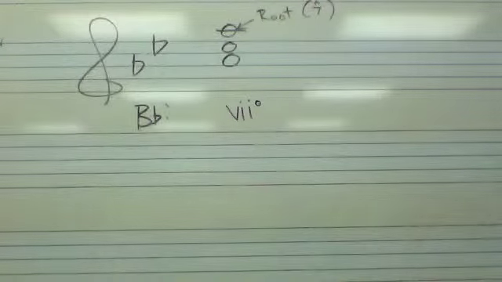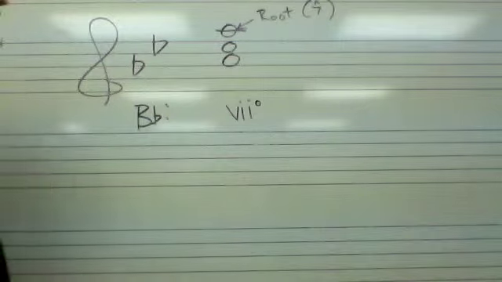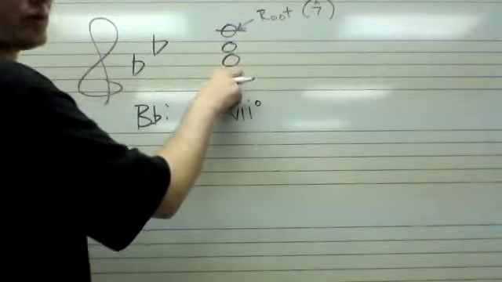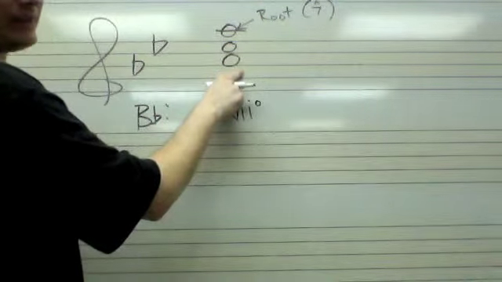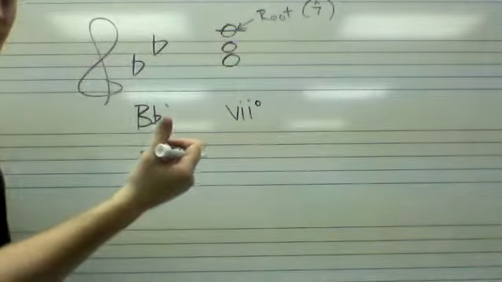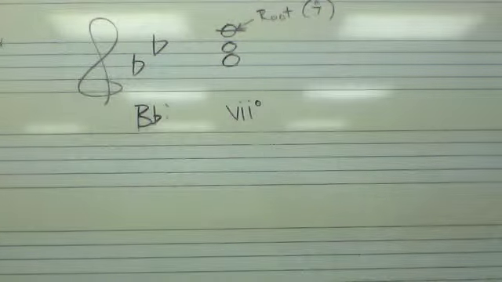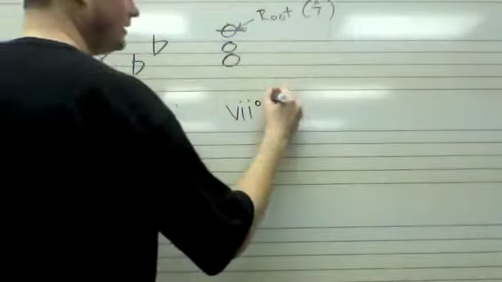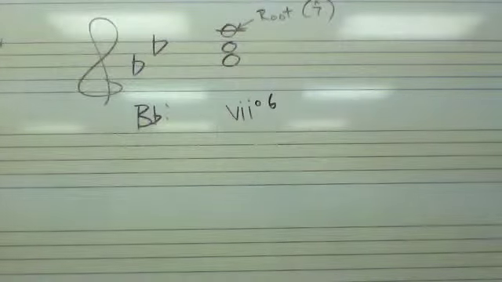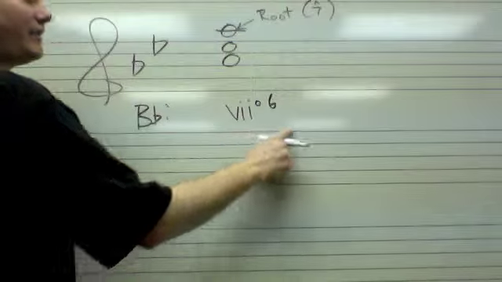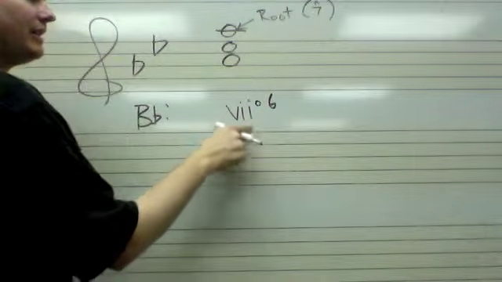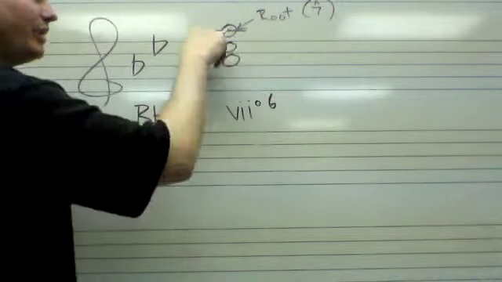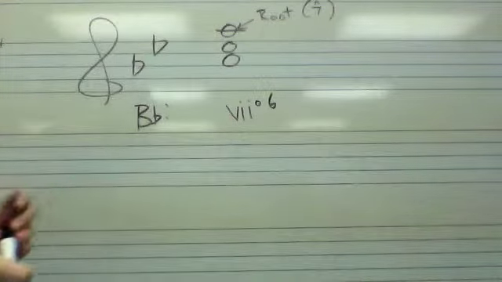So it's diminished right there. That's how we indicate diminished. It's also not in root position. So we have to add a base position symbol to indicate that it's not in root position. Remember your base position hotline. First number of the area code was 6 because that's how you indicate a first inversion triad, which this is. So this is a first inversion triad, which happens to be built off of the 7th scale degree.